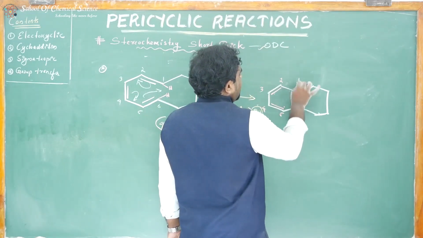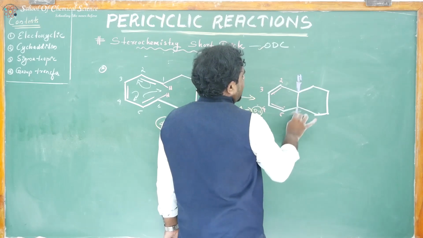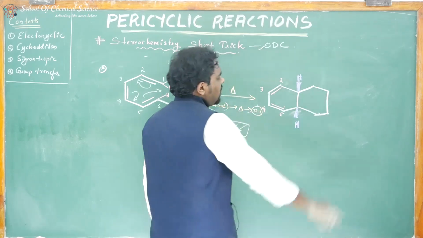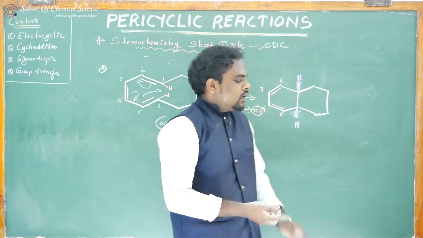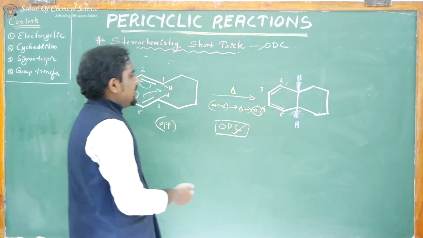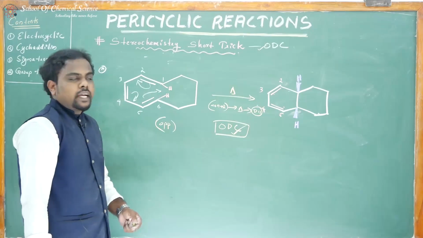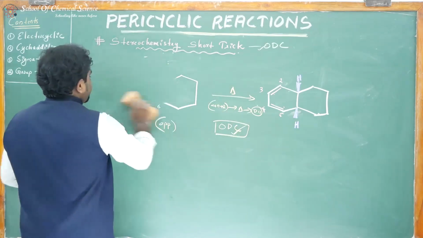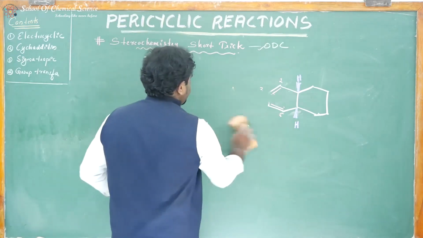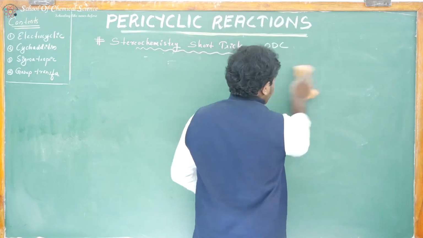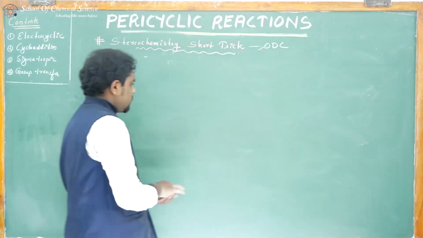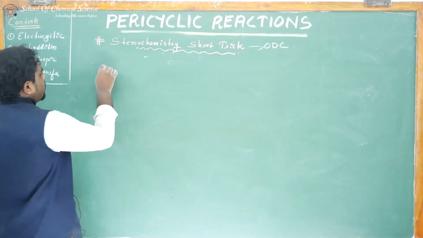First hydrogen above the plane, then the second hydrogen will also be above the plane. That is the stereochemistry of the two hydrogens. Okay, next question. I think number 15.